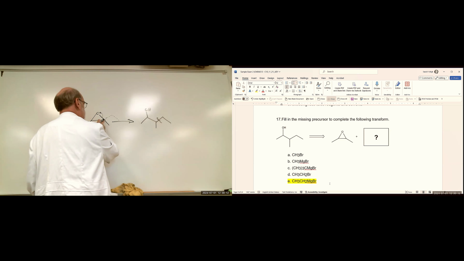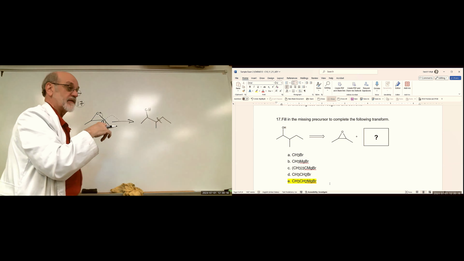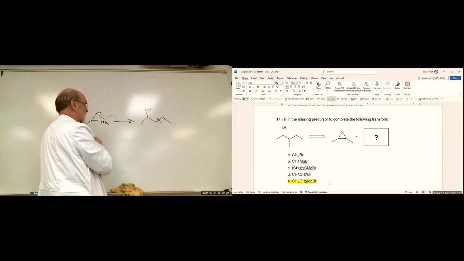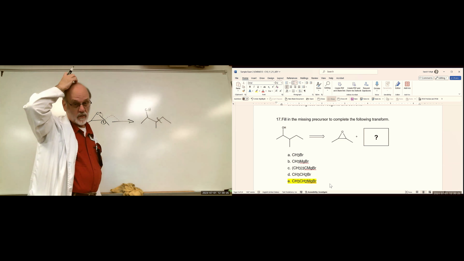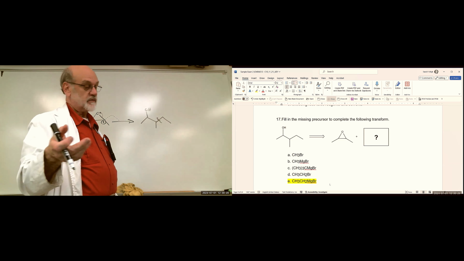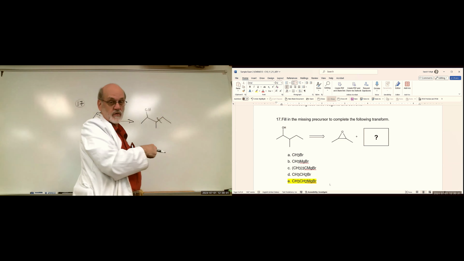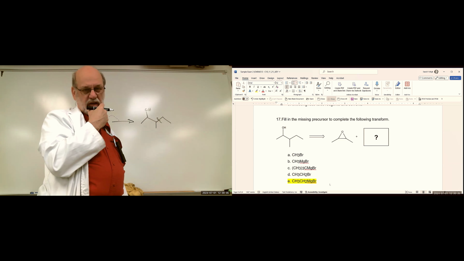This is going to be positive. We need a negative carbon in order to attack that carbon and form the bond. So which one of those gives us a negative carbon with only an ethyl group, 2 carbons? It looks like E is the only one that would work.